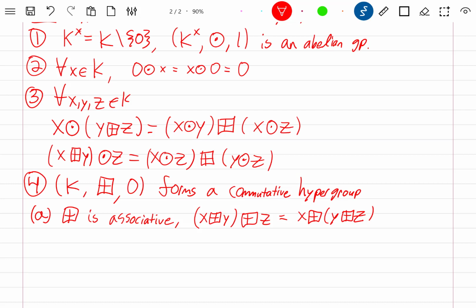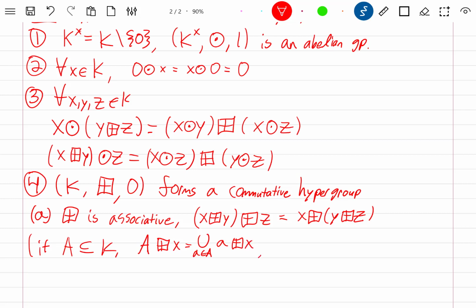All this means is if A is a subset of K, then A plus little x is just the union over all elements a of A of a plus x.